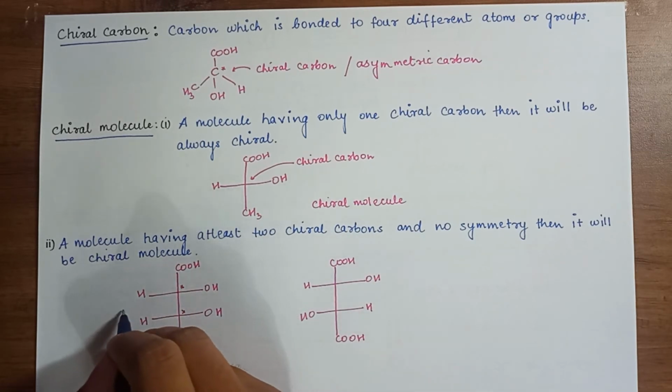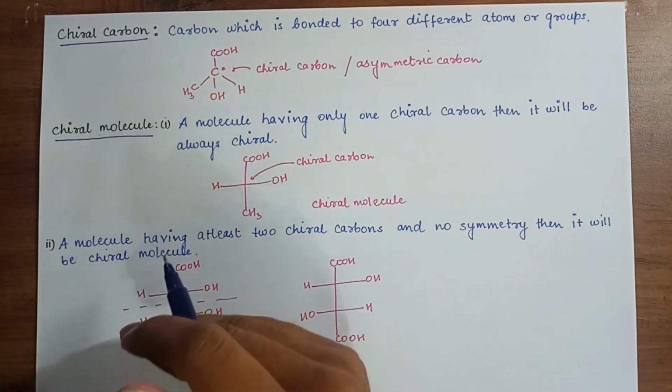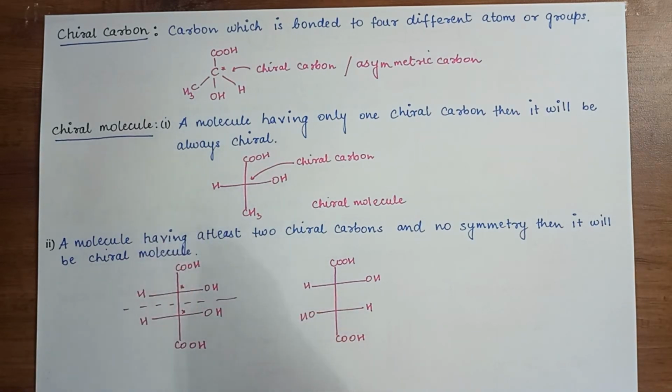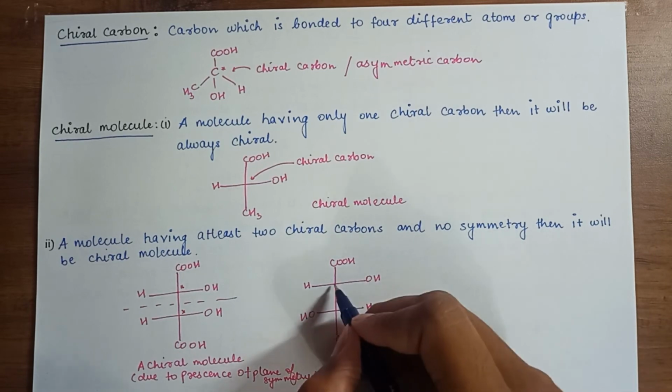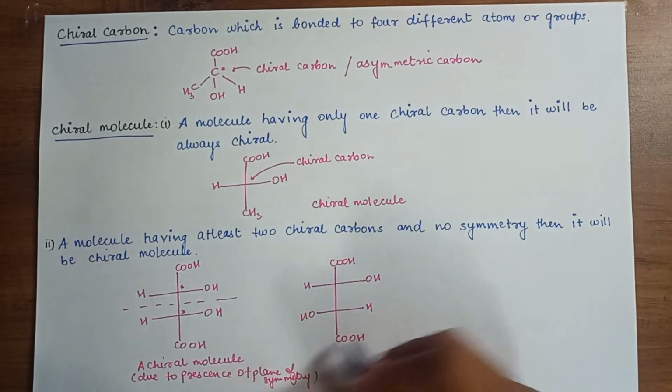Now you have to check the symmetry. It has a plane of symmetry, meaning the lower half is equivalent to the upper half. So the plane of symmetry is present and it will be an achiral molecule, due to the presence of a plane of symmetry. Now look at this molecule, this carbon: 1, 2, 3 and 4 are different.